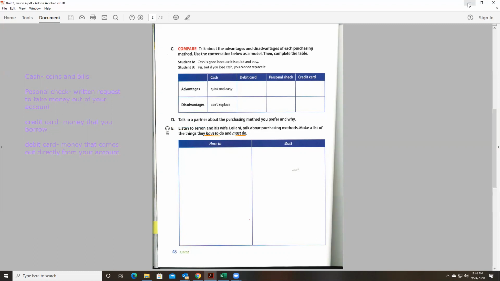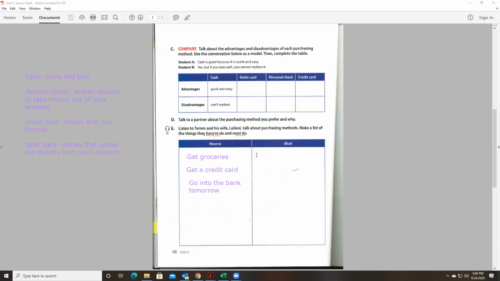All right, so there were 3 things for each one. Okay, on the list of have-tos, they had get groceries, get a credit card, and then the last one was go into the bank tomorrow.